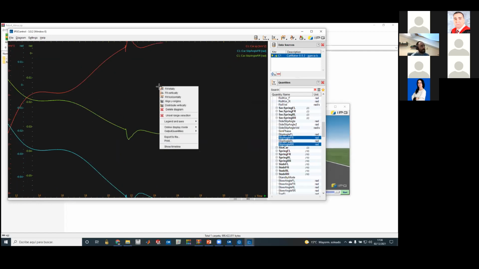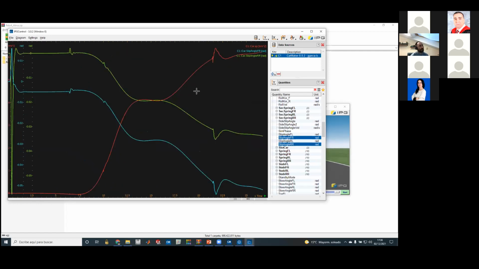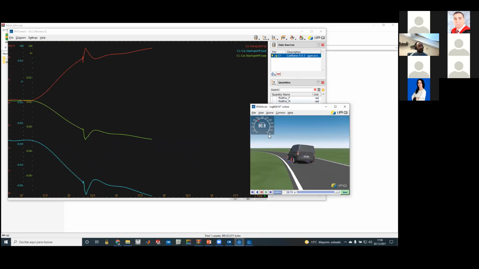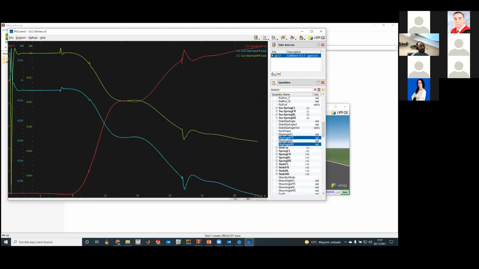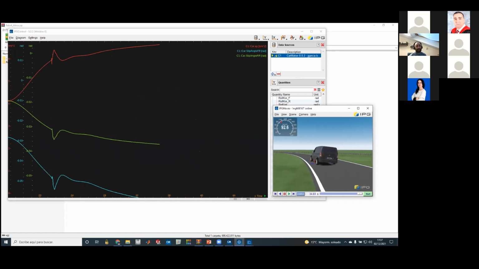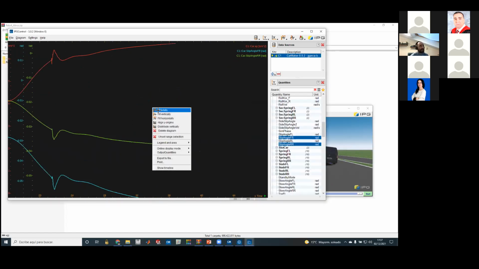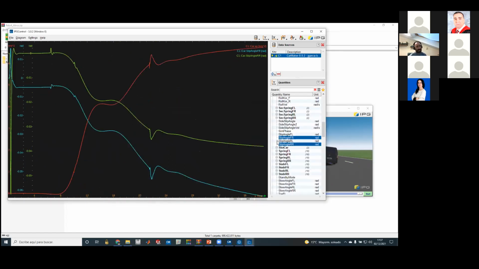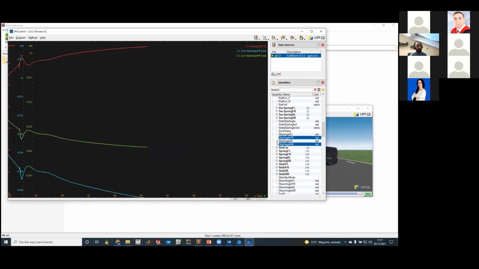So here, what we can do is define as many standardized tests as we want to characterize the, let's say, the healthy behavior of the vehicle.